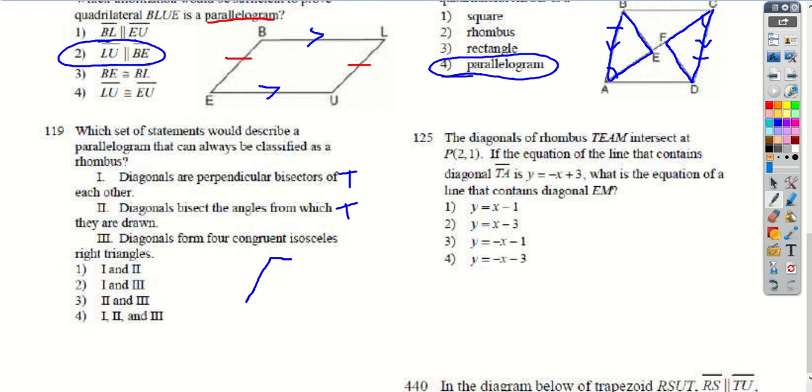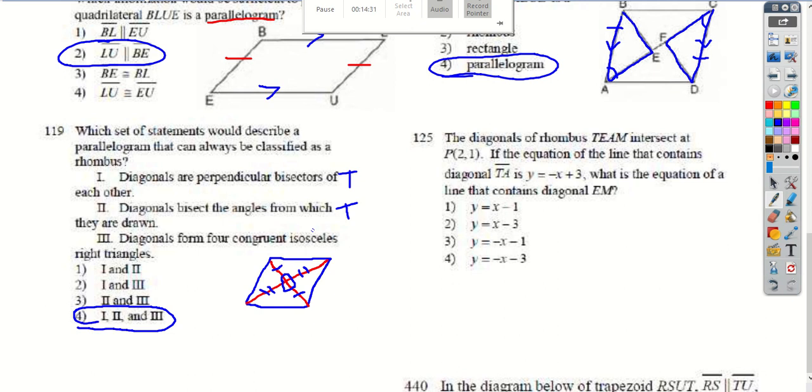If we were to draw ourselves a rhombus, best we can, and I draw the diagonals in, remember that these are going to form 4 90-degree angles at the center, and that the diagonals are bisecting. So this is equal to this is equal to this, and since they all have 90-degree angles, they're all going to have side angle side essentially. So they will be true for congruent 90-degree angles, and so we would want to choose choice 4, 1, 2, and 3.